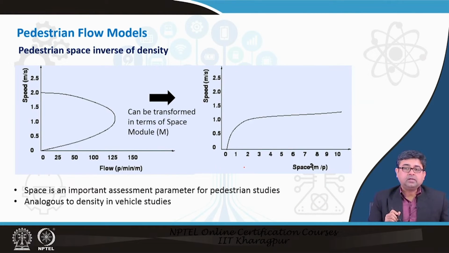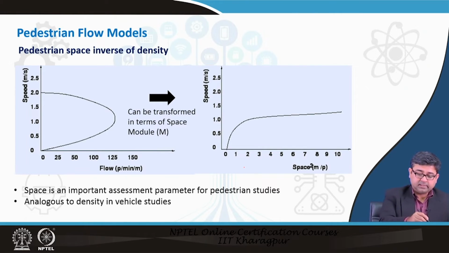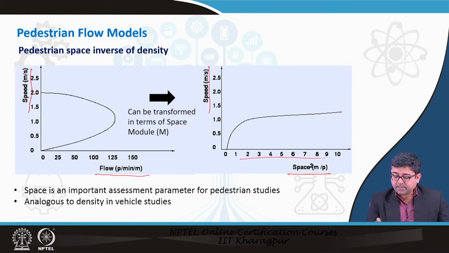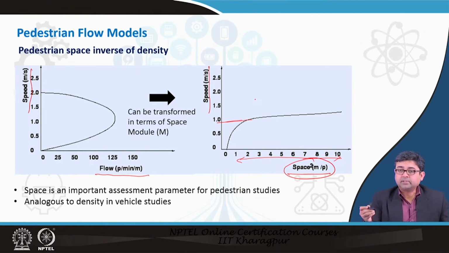Then, similarly, the third kind of macroscopic model that we have seen is for vehicles. What we had seen is for speed and flow. Similarly, if you convert it for the pedestrian case into speed and space, we see that again, if we keep on increasing the space for each person, space meaning square meters per person, beyond a certain point the speed is no longer going to increase, because people can walk only at a certain pace.